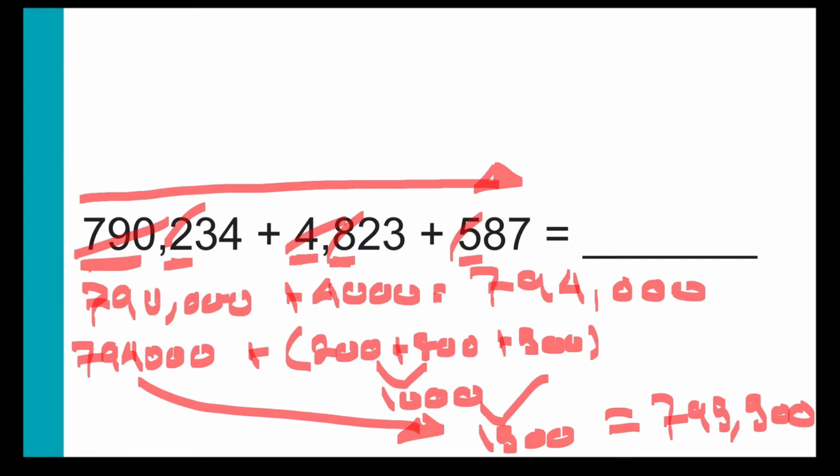We're on to the tens. So 795,500 plus 30 plus 20 plus 80.